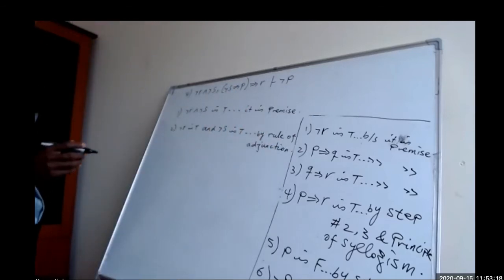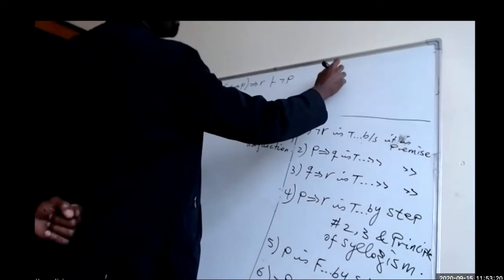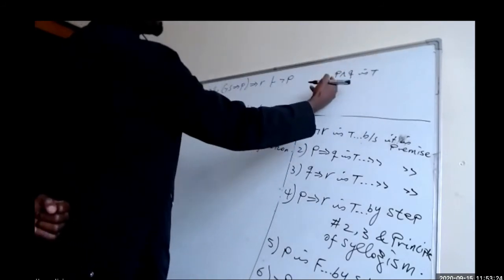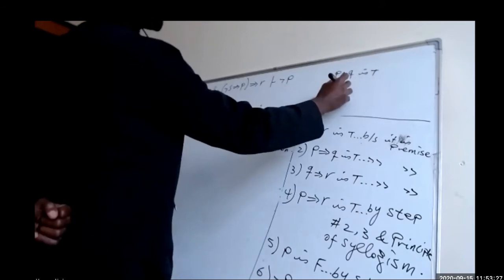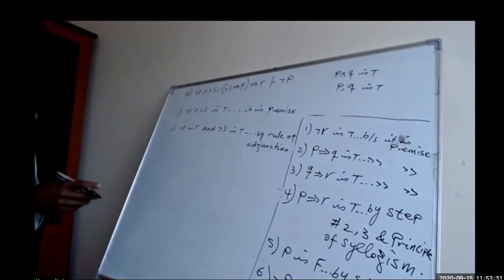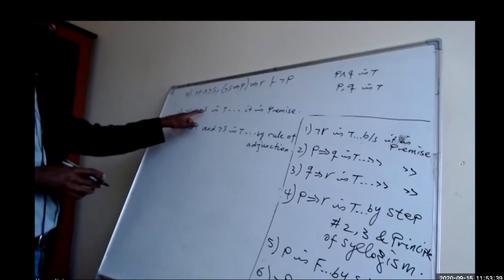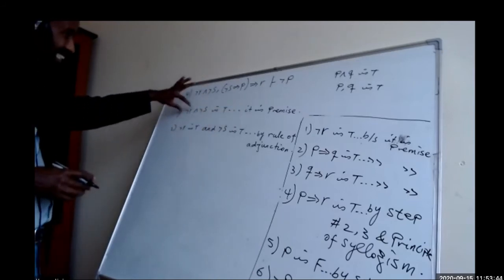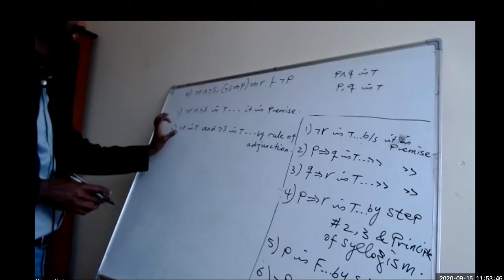The rule of adjunction says that if P and Q are given to be true, therefore the components P and Q will be true. This is one of the rules of inference. So if negation of R and negation of S are known to be true because they are premises, therefore the components negation of R and negation of S will be true.